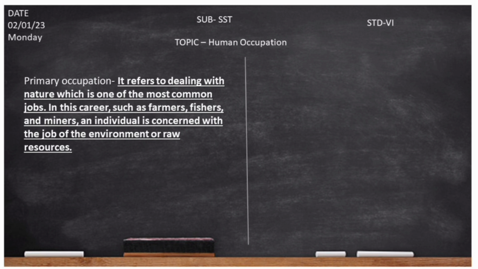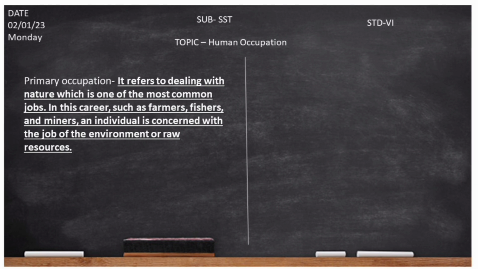Here you saw that the man is taking milk from the cow and selling it further. The man's occupation is animal husbandry, and this activity is directly related to nature. So this occupation is a primary occupation.